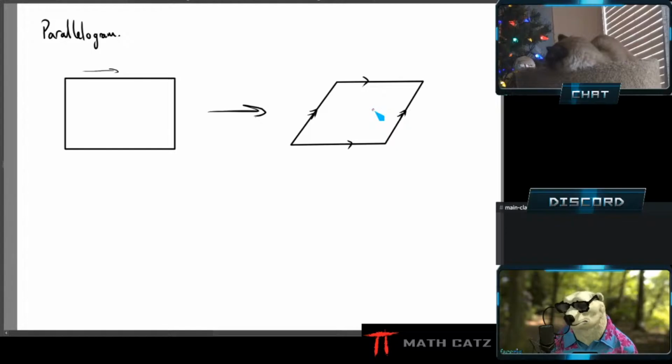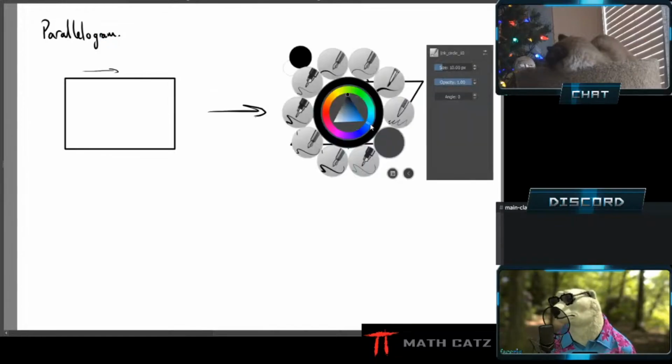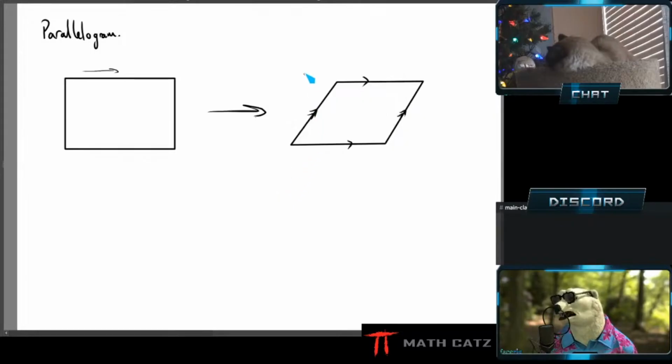I'll get this. Or what you could notice, if I have a parallelogram, let's use some color. I have a triangle missing here. And that triangle is exactly the same as one I can cut out of the parallelogram.